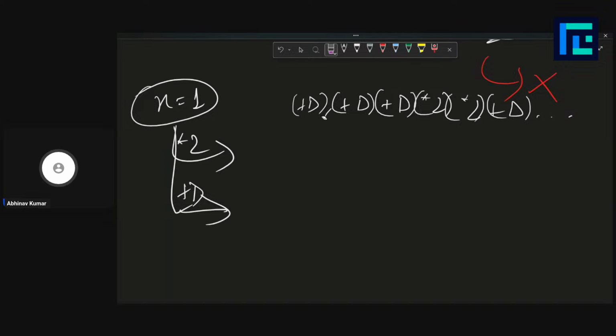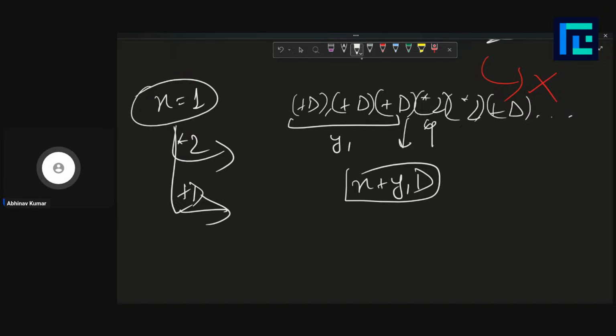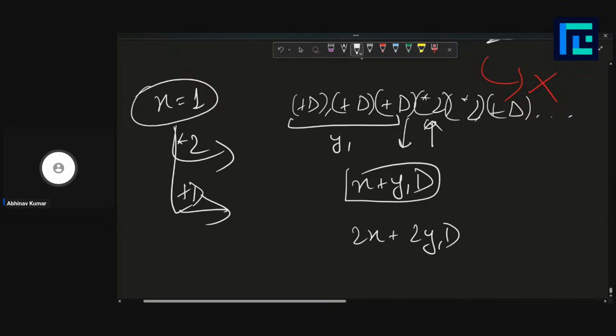if you just look at that sequence, initially you do the plus d operation, let's say y1 times. Your value after this would become x plus y1 times d. Okay, then if you do the into 2 operation, your value would become 2x plus 2y1 times d.